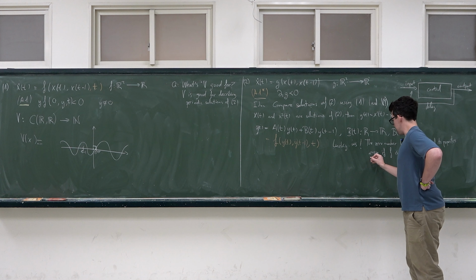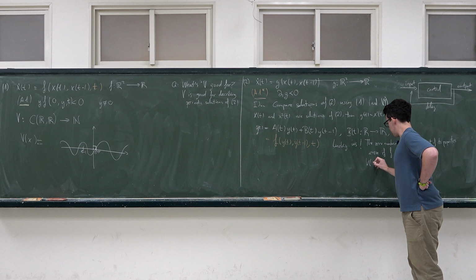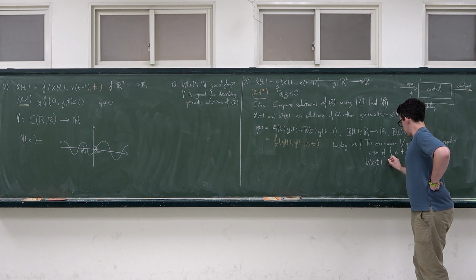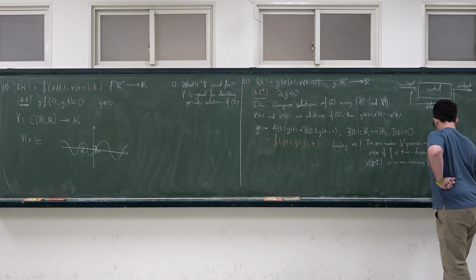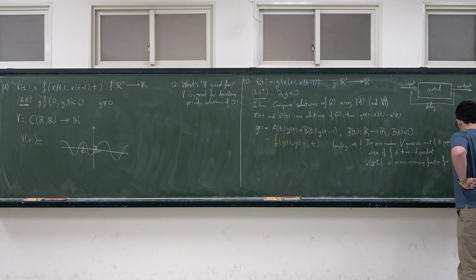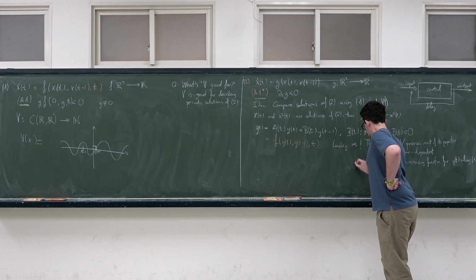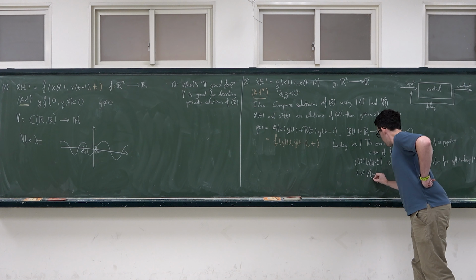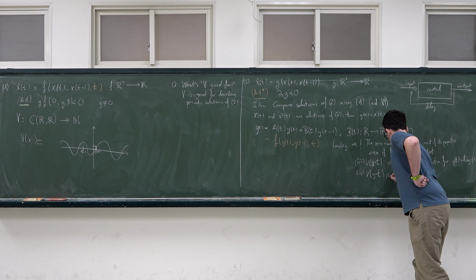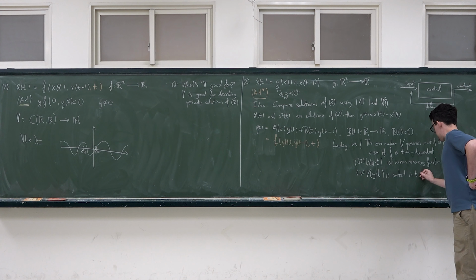That is, the zero number v of x(t) is a non-increasing function for the y(t) solving 1. This was 1. This is 2. This is 3, right? Yes. And 4. 4 was that v(y(t)) is constant in t implies all zeros are simple.